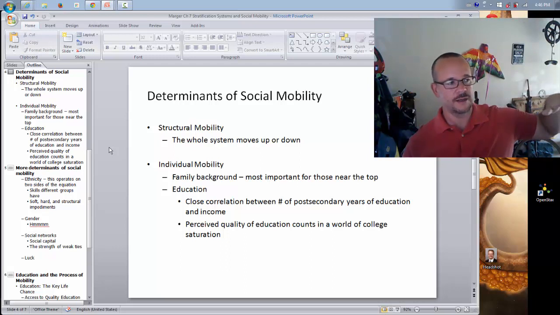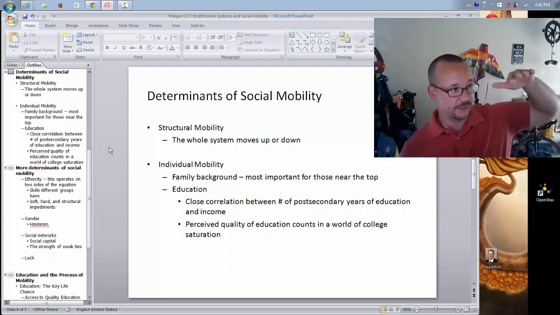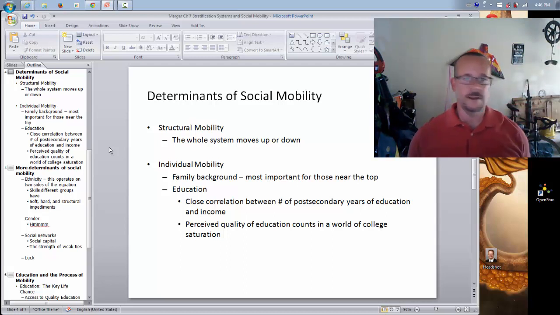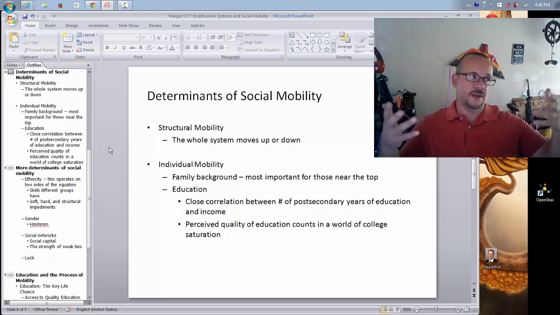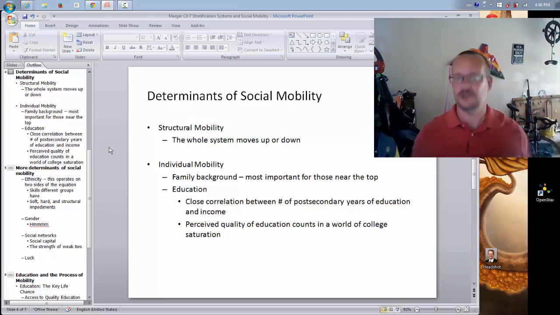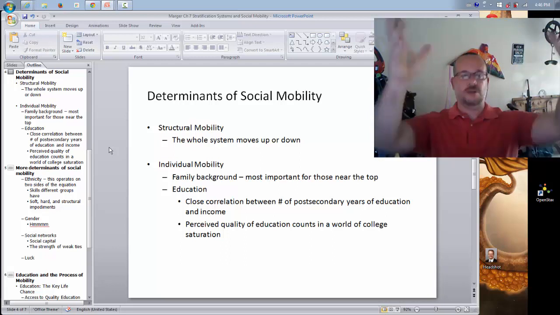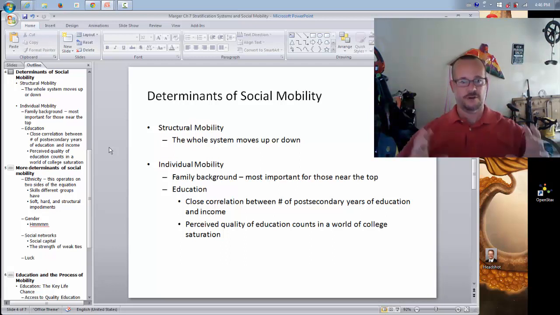And by the time you get to post-2008, it's plateaued for the people in the middle as well. All right. In that world, the structure stagnated. So where does that leave us, right? We're trapped, right? Well, we're trapped because the structure has stopped moving up.